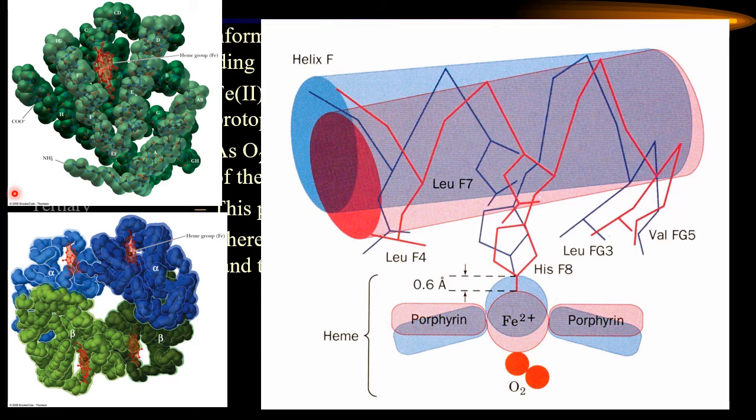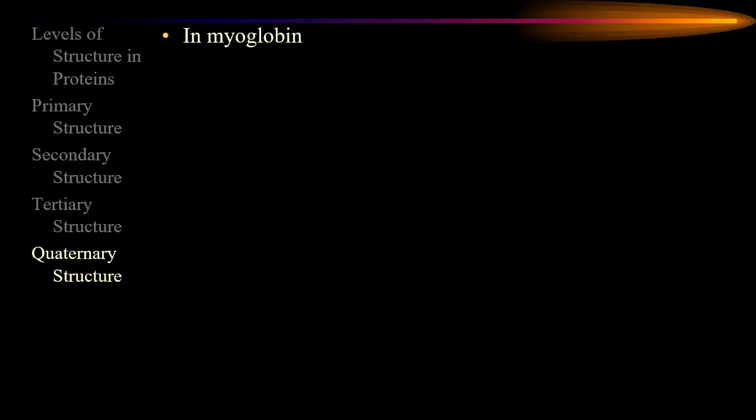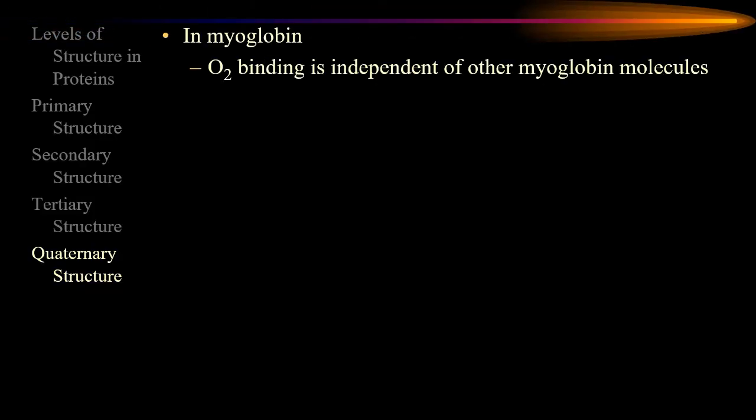Okay, so here's now a comparison of myoglobin and hemoglobin. In myoglobin, the oxygen binding is independent of the other myoglobin molecules. After all, who cares whether there's a conformational change in the myoglobin as oxygen binds?